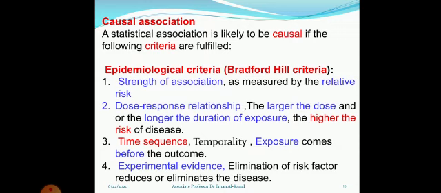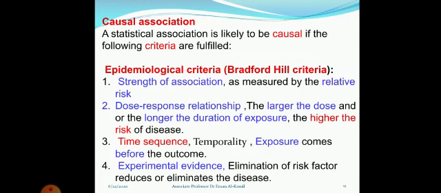For the causal association, there are certain criteria, proposed by Bradford Hill, which are 8 criteria. In order to say that this factor is associated with this disease, it should confirm the 8 Bradford Hill criteria, which are described by the following.